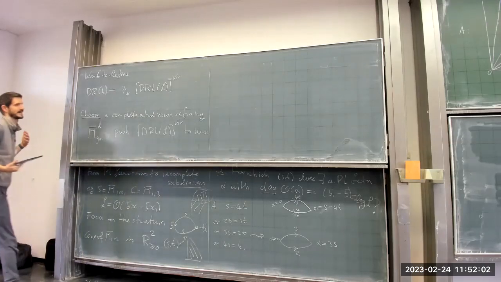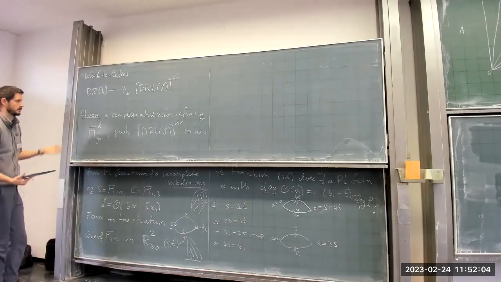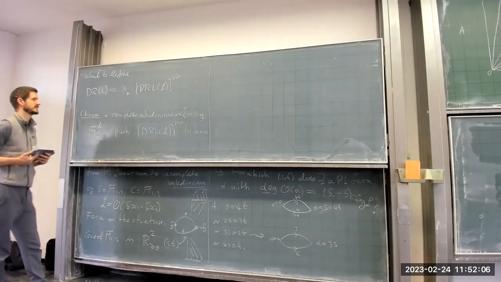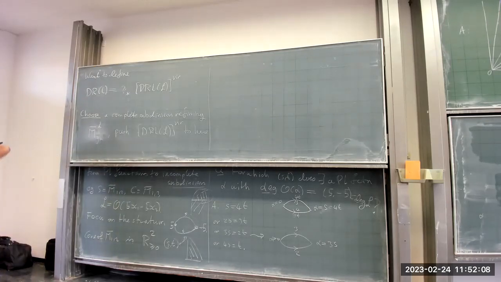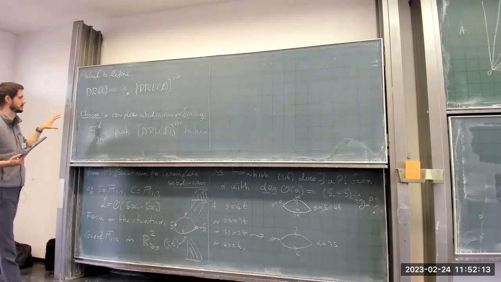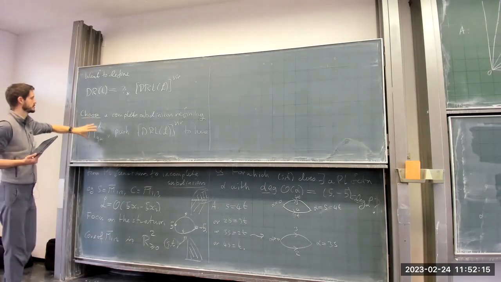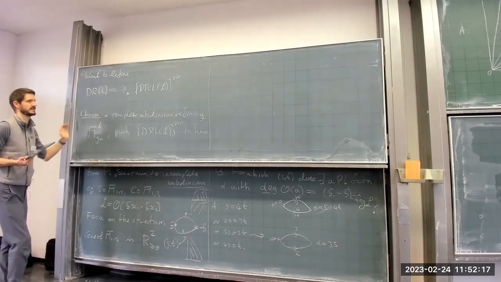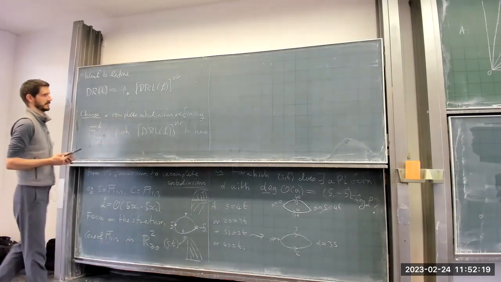Complete subdivisions are almost exactly the log blow-ups that we were told about. We know the log Chow ring is this colimit of the log blow-ups, or the colimit of the complete subdivisions. And so once we've chosen a way to compactify this to a complete one, then we can just do the push forward and everything works fine.